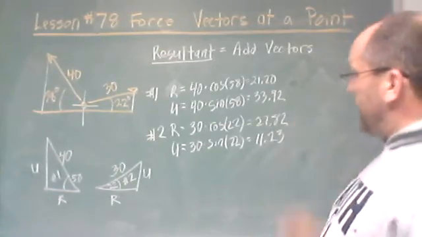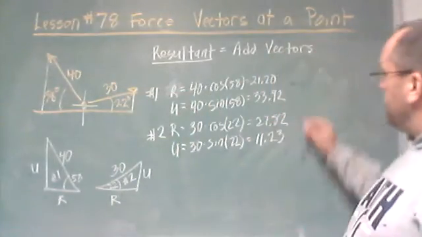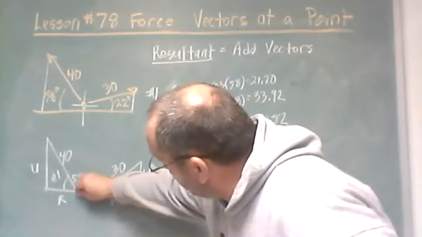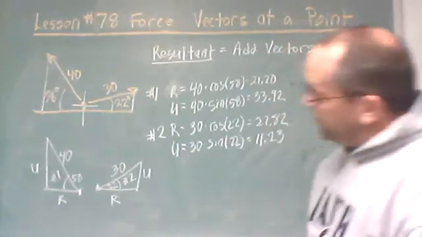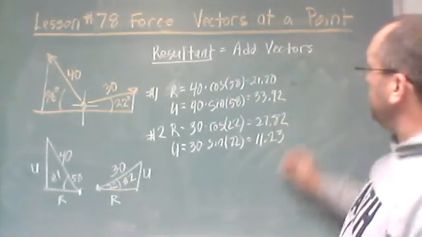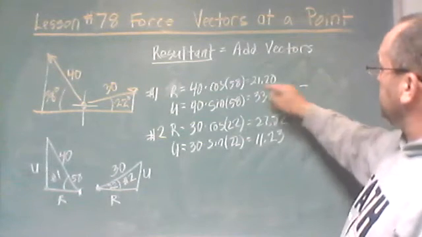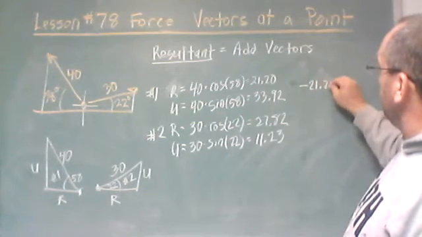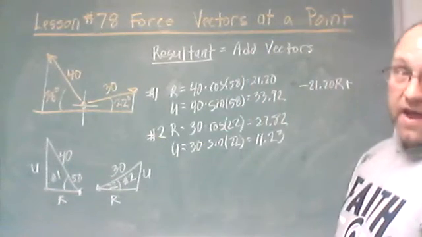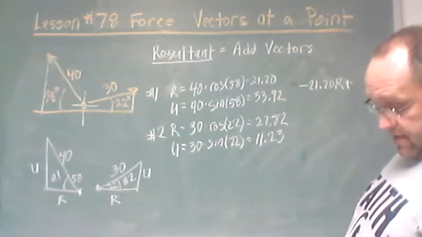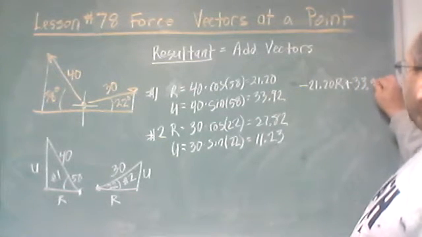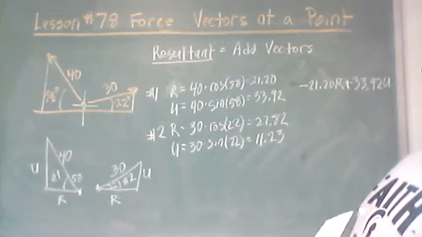Okay, so what do I have here for this R? I look back at my triangle. Okay, this is my point of origin for both triangles. What does R do for triangle number 1? It goes to the left. So I have a minus 21.20 R, plus it goes up after that, plus a 33.92 up and down.